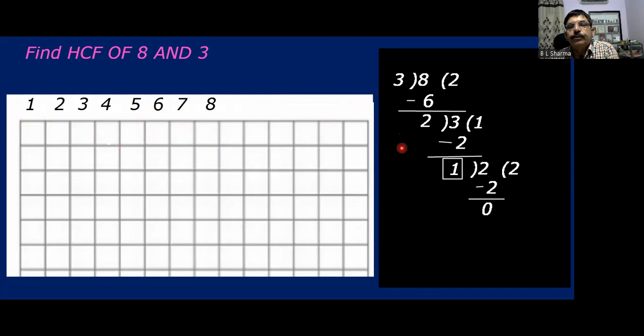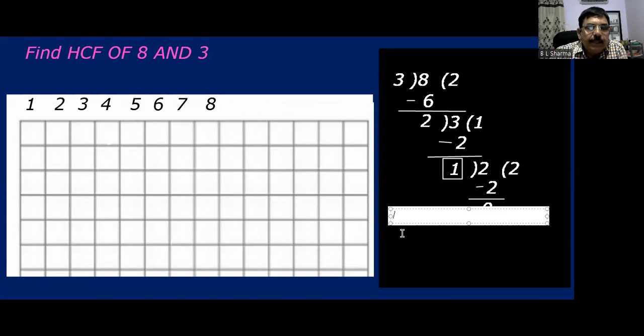So for that, what do we have to take here? Actually, see here. क्या लेना है हमें? One strip of 8 units.